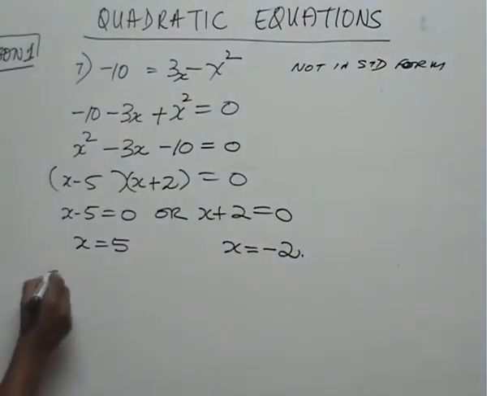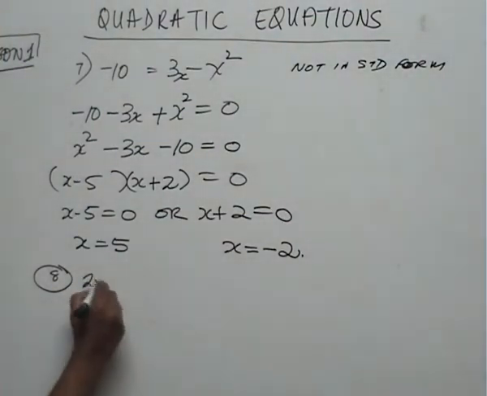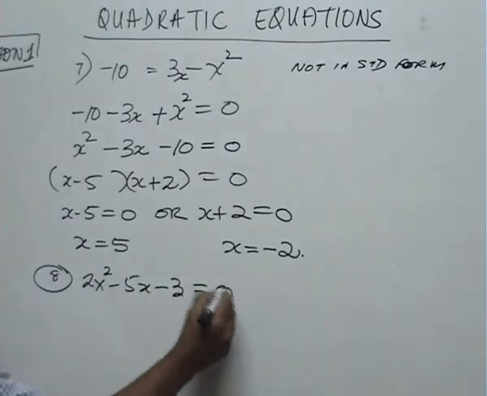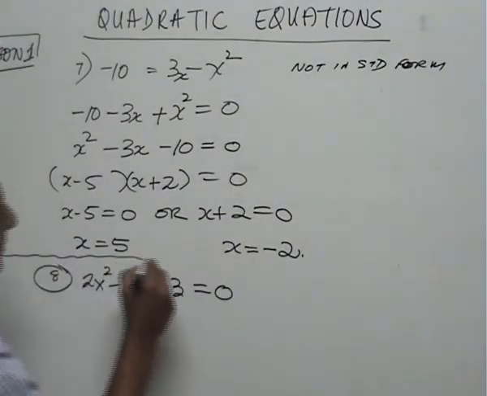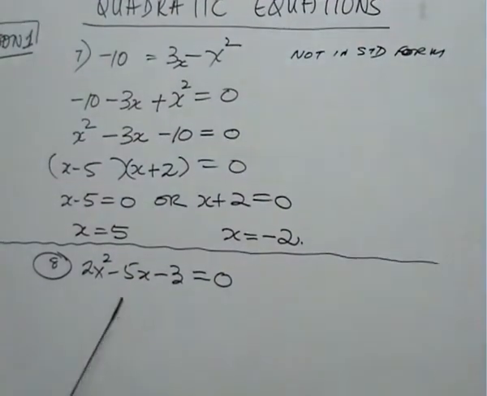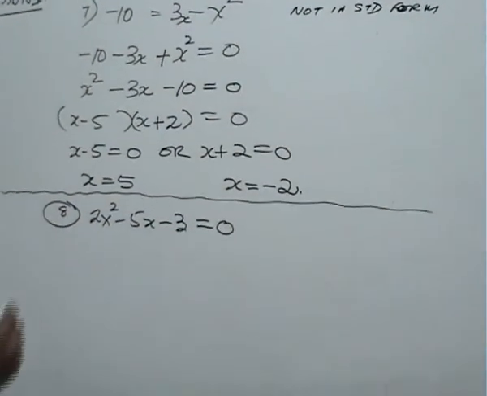Right, so let's do the last one for the sake of examples, number 8. And in number 8 we got 2x squared minus 5x minus 3 is equal to 0. Right. It is a quadratic, it is in standard form, so you have to factorize it.